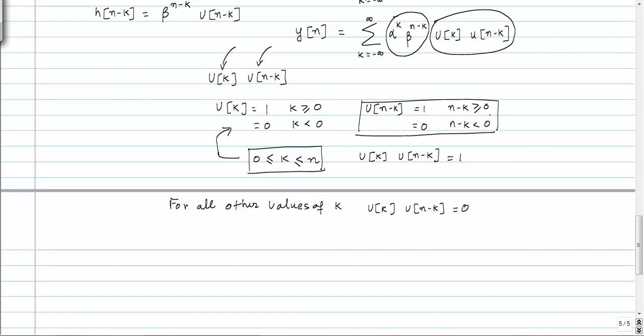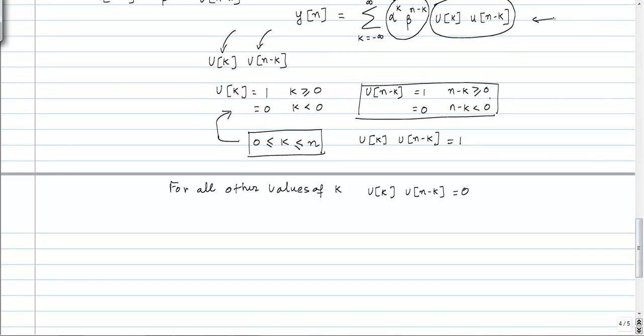That helps a lot, because it tells us that I can take the summation for y of n, which is alpha raised to k, beta raised to n minus k, u of k, u of n minus k, for k between minus infinity and plus infinity. Unless k is between 0 and n, this term is going to be 0.